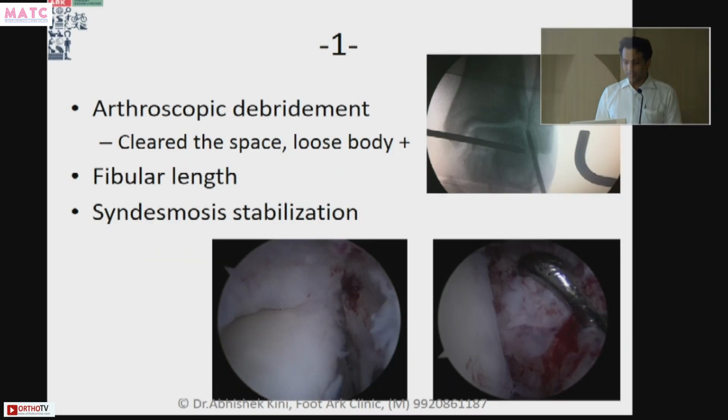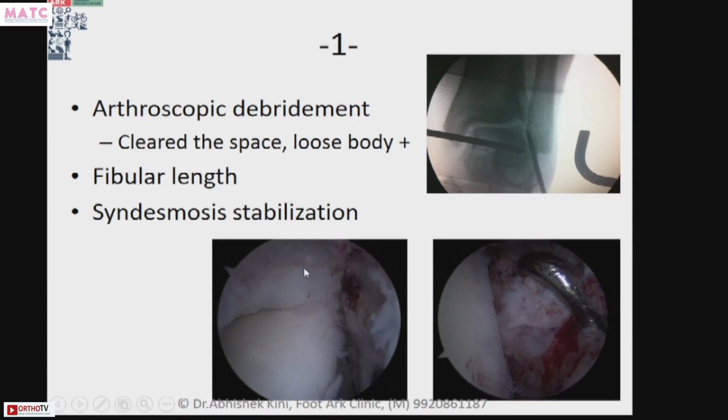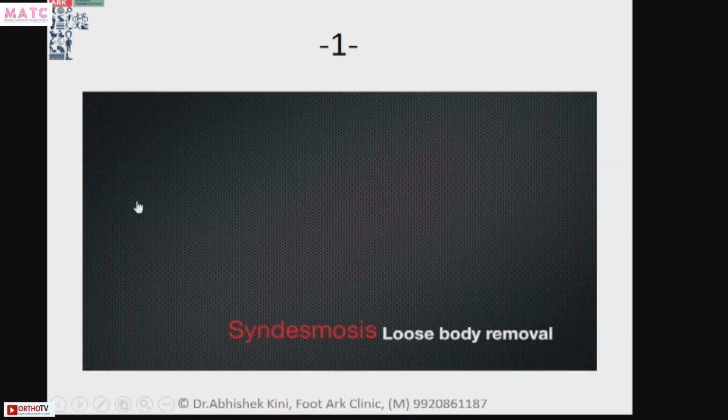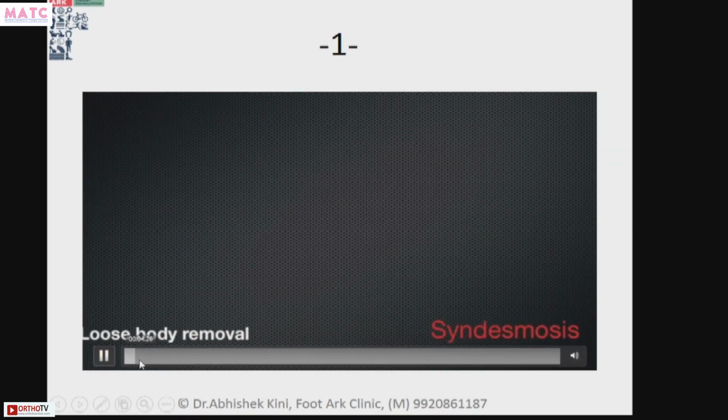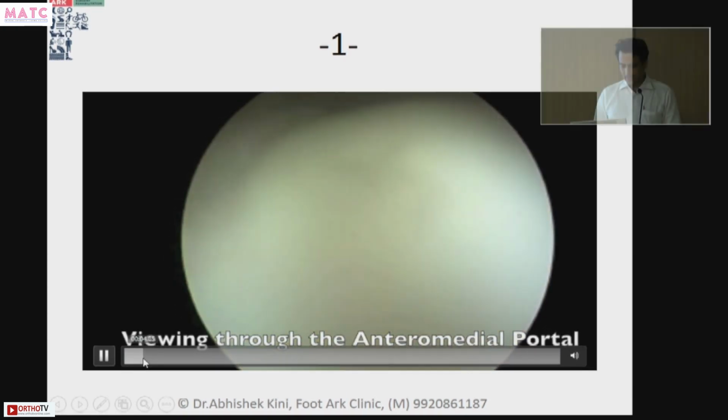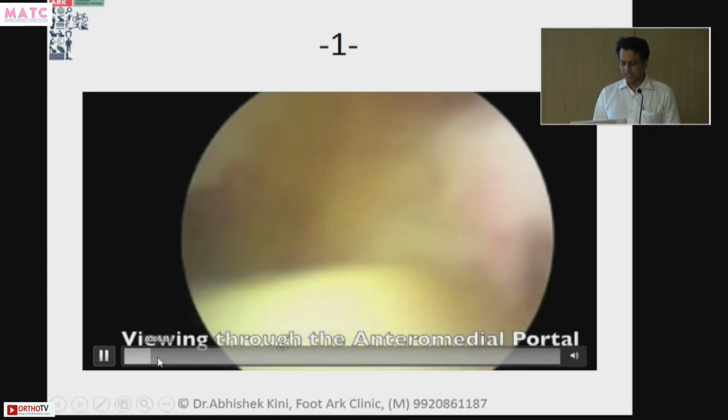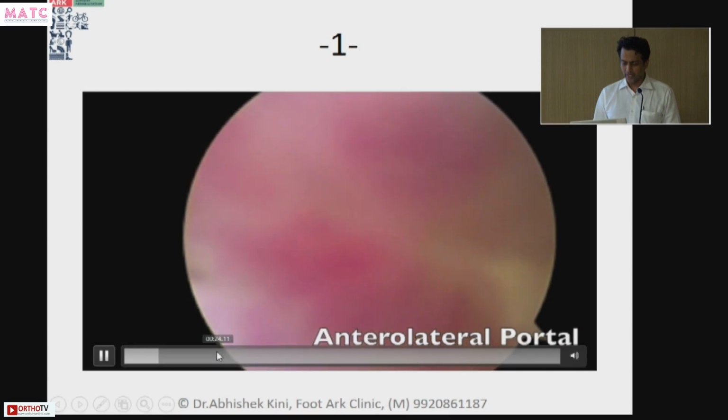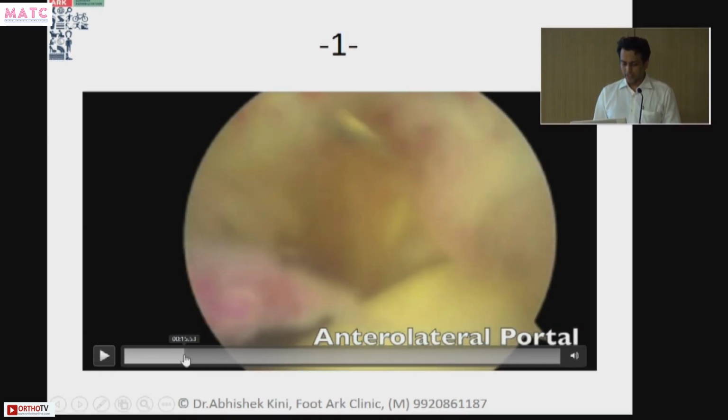So on arthroscopic debridement, we could see that the syndesmosis was wide open. We got the fibula back to length, and we could actually see a small loose body over there, and that's one of the best advantages of having an arthroscopy on your table while you're doing such revision cases.